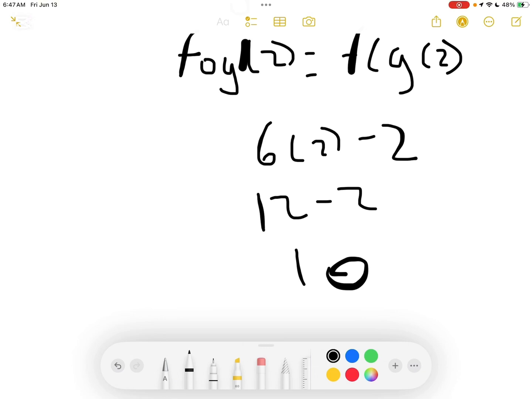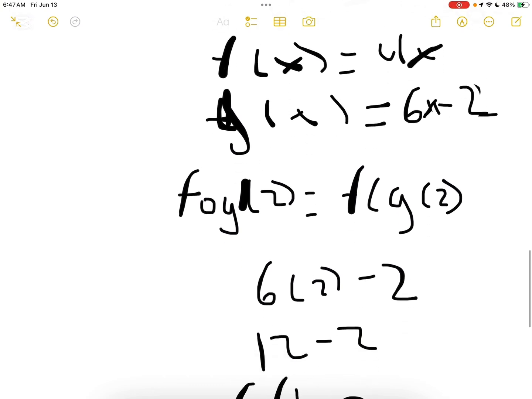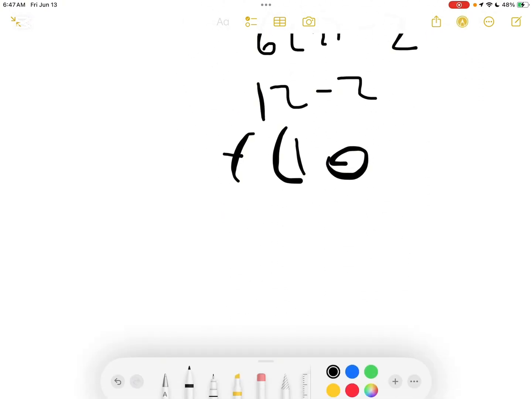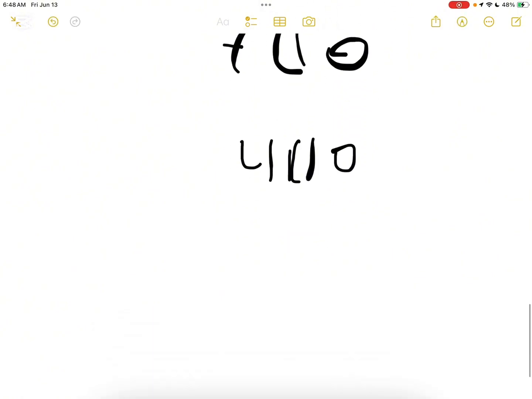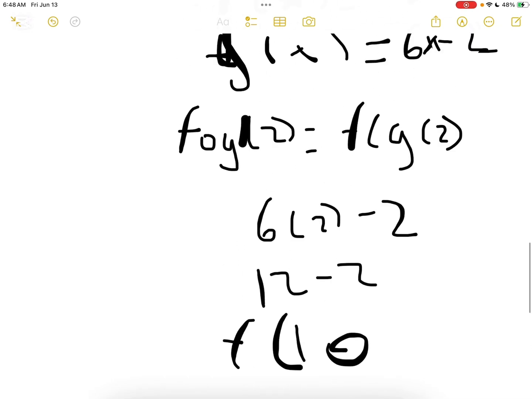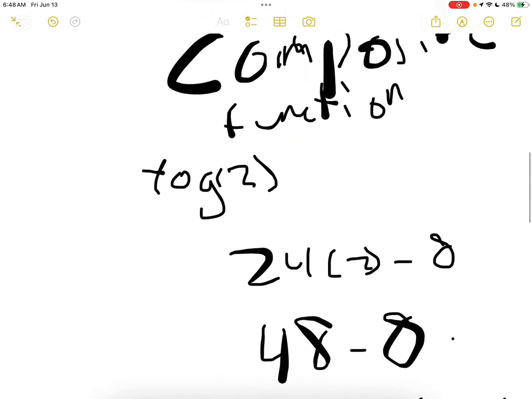But now we have to substitute this value into f. So what is f? f is 4x. This represents our x, 10. So 4 multiplied by 10. 4 multiplied by 10 is 40. And if you look, what did we get on our last one? 40 for f of g of 2.